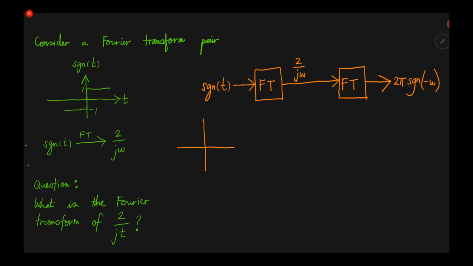Now, let the input to the first Fourier transform be a signum function.